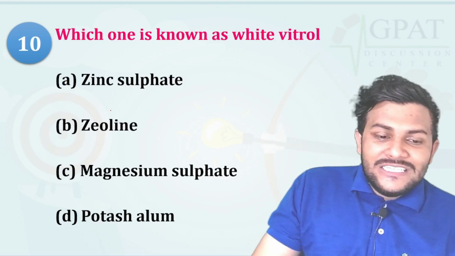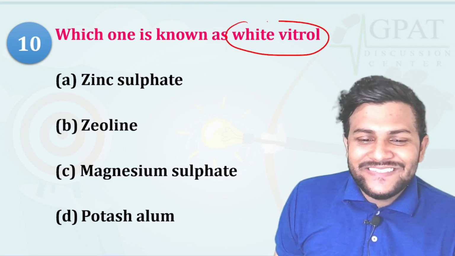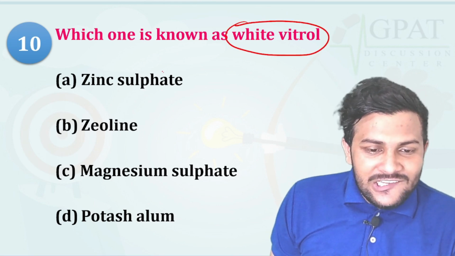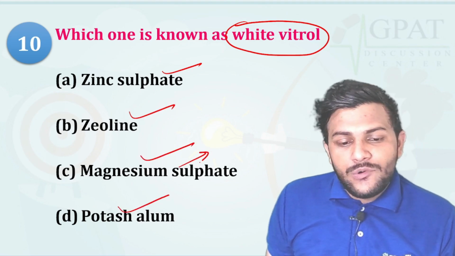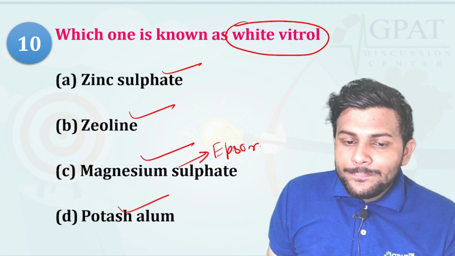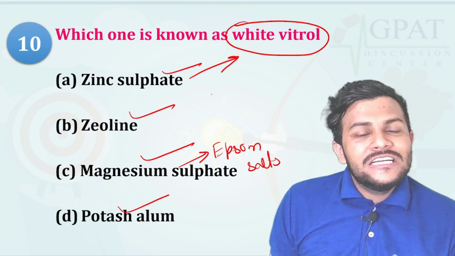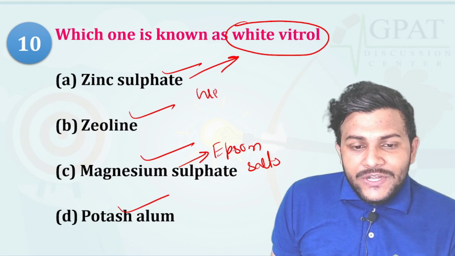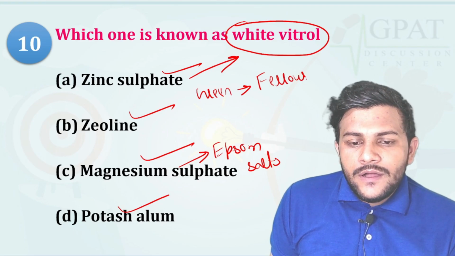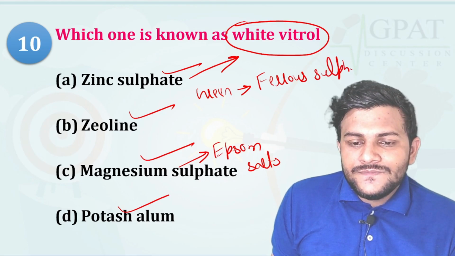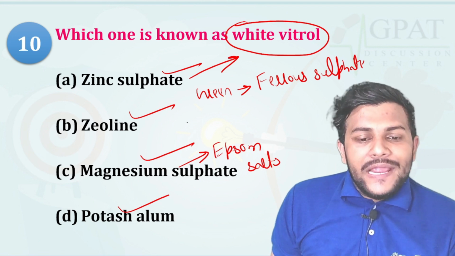Next question: which of the following is white vitriol? The options are zinc sulfate, zeolite, magnesium sulfate, and potassium alum. Magnesium sulfate is also known as Epsom salts. White vitriol is zinc sulfate. Green vitriol is ferrous sulfate. Students, you just have to make notes of these, okay?